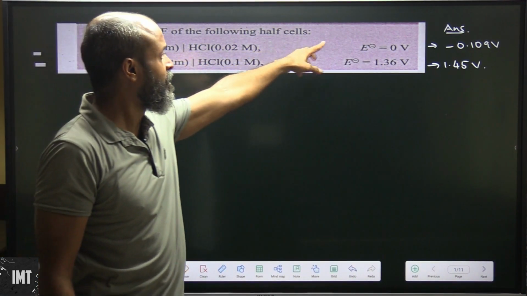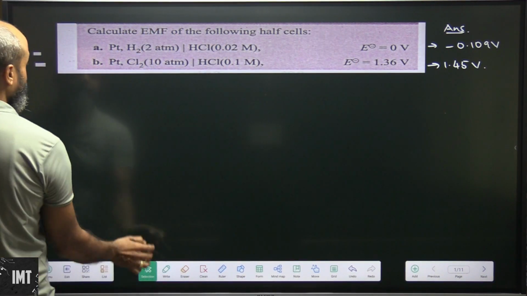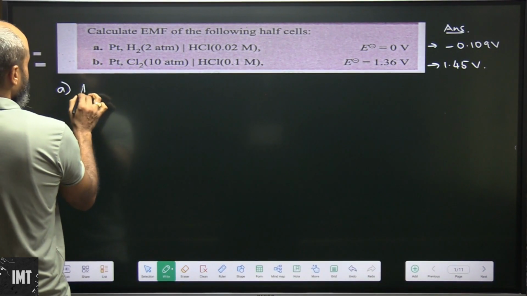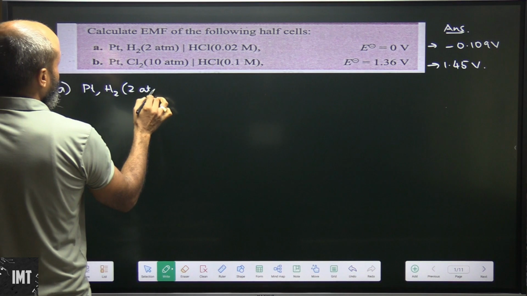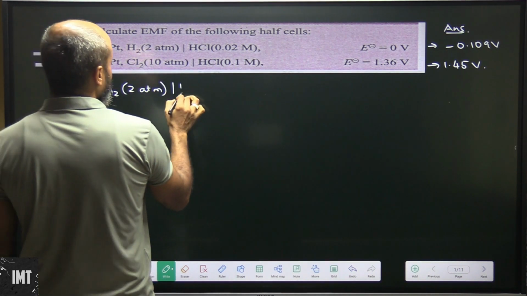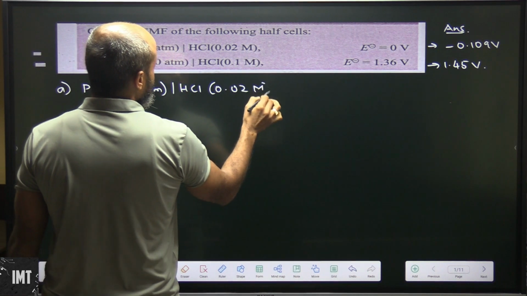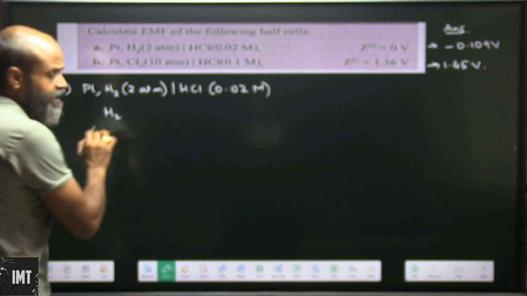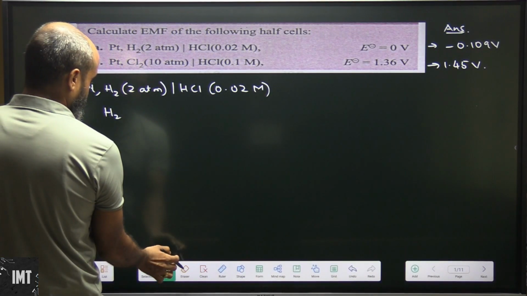Calculate the EMF of the following half cells. This is basically a half cell that is represented. The first case here is a platinum electrode, obviously H2 at 2 atmosphere, and HCl at 0.02 M. So we would know that here H2 gas is there.